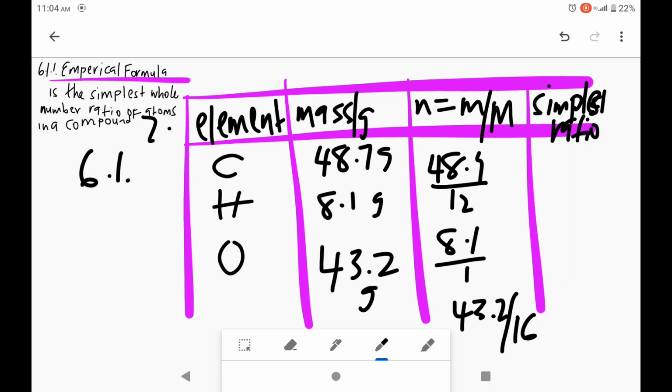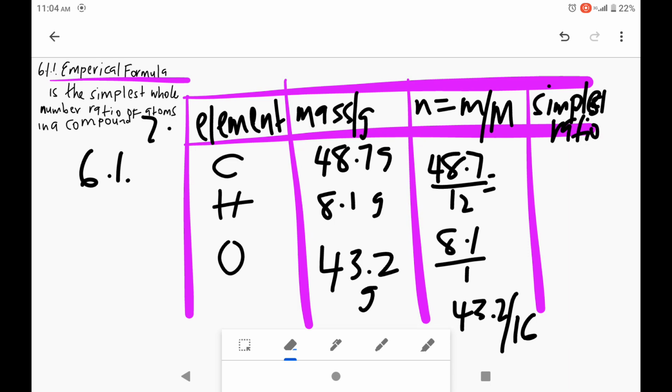If you divide 48.7 by 12, I made a mistake there, 48.7 by 12, you're going to get 4.058 moles.